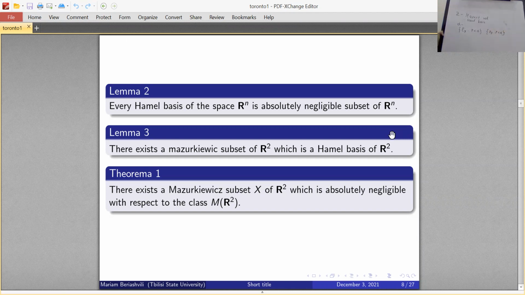Without loss of generality, we can assume that the partial family of L_ξ, ξ less than alpha, where ξ is an odd ordinal, contains all straight lines, and when ξ is even, it contains all points.